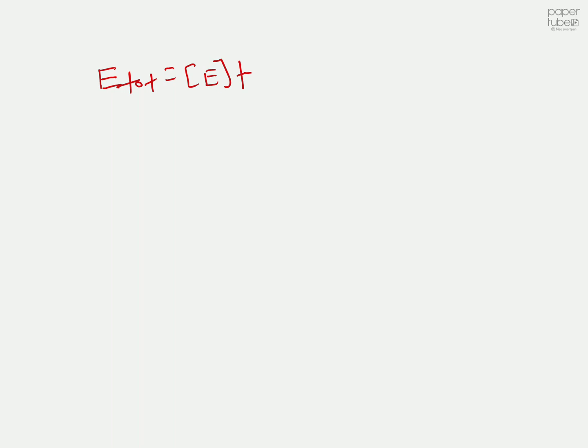Let's keep this enzyme substrate complex for the moment. Let's substitute for the enzyme substrate inhibitor complex: ES multiplied by I divided by Ki. So we can simplify this expression.